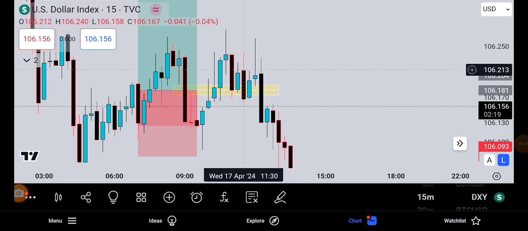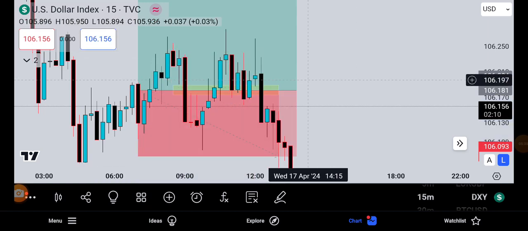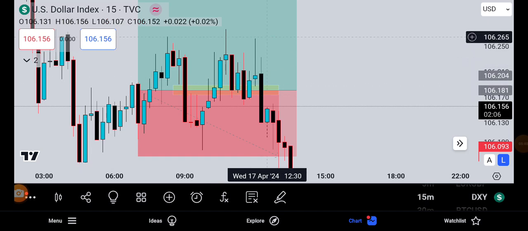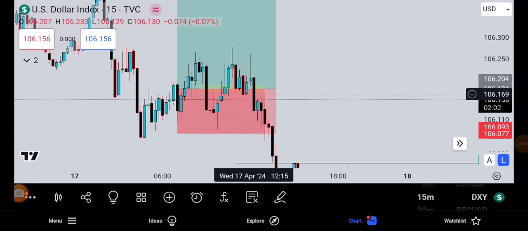So upon this candle rallying lower, I entered my trade at around the main threshold after I'd seen this candle retracing lower. Then we had a move higher, but then we had these retracements lower, and this inversion fair value gap was violated.